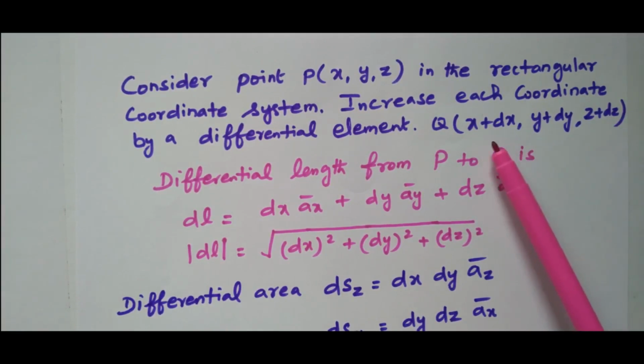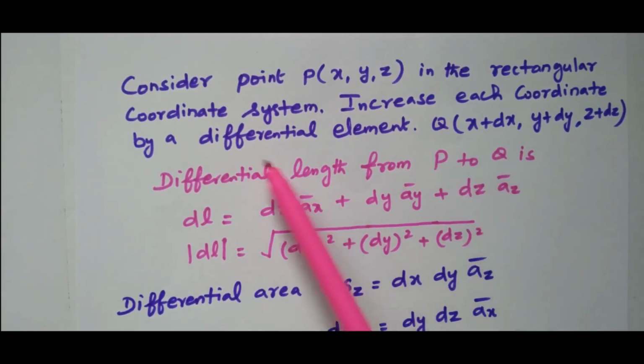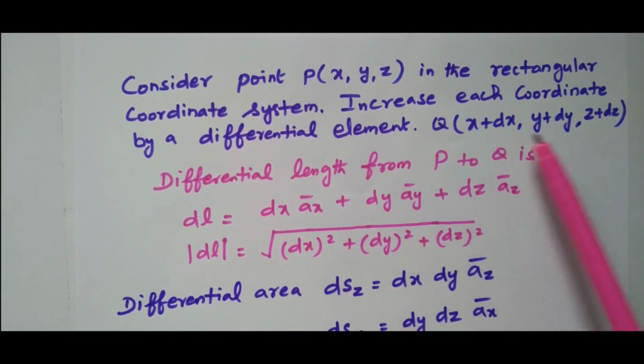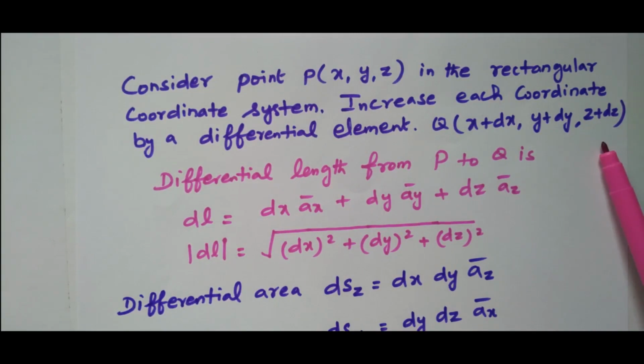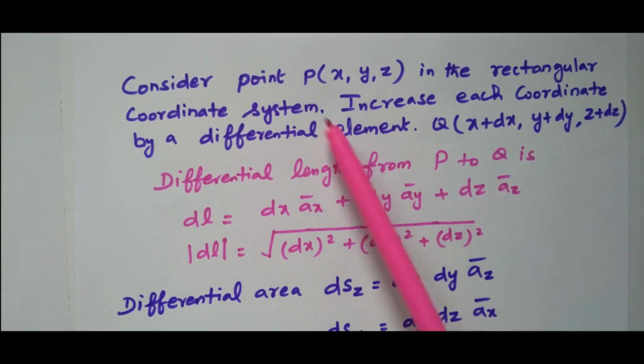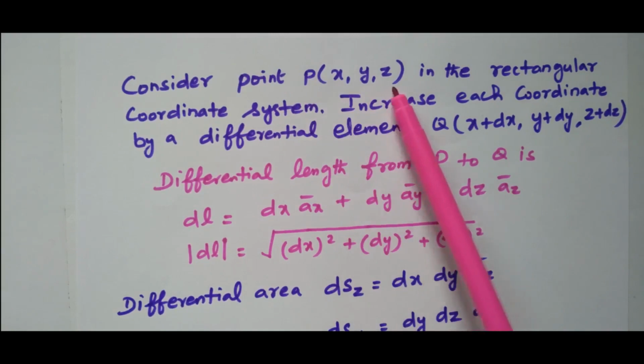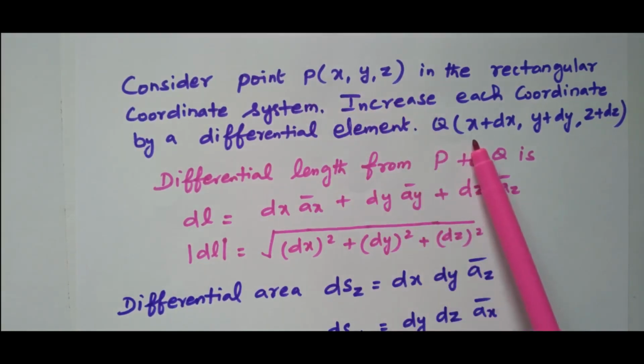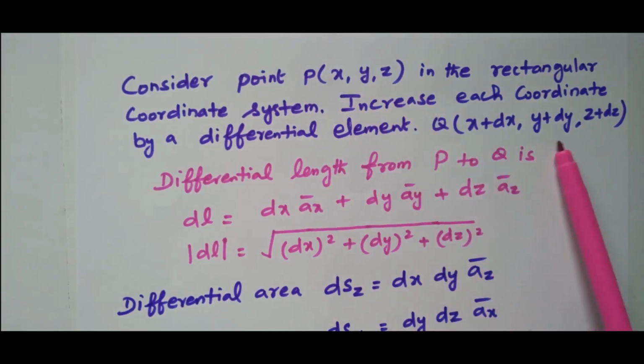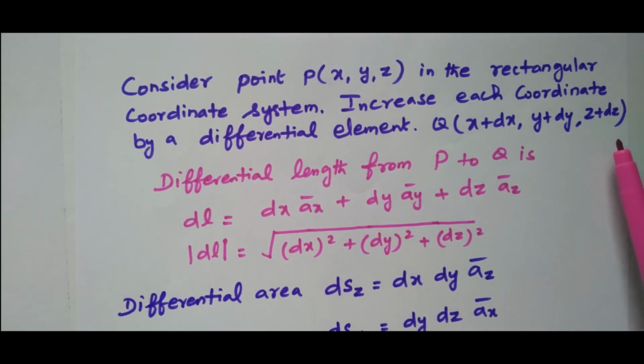It is increased by the differential elements dx, dy and dz, so that we can calculate the differential length, area and volume, right? Now it is increased to x plus dx, y plus dy and z plus dz.